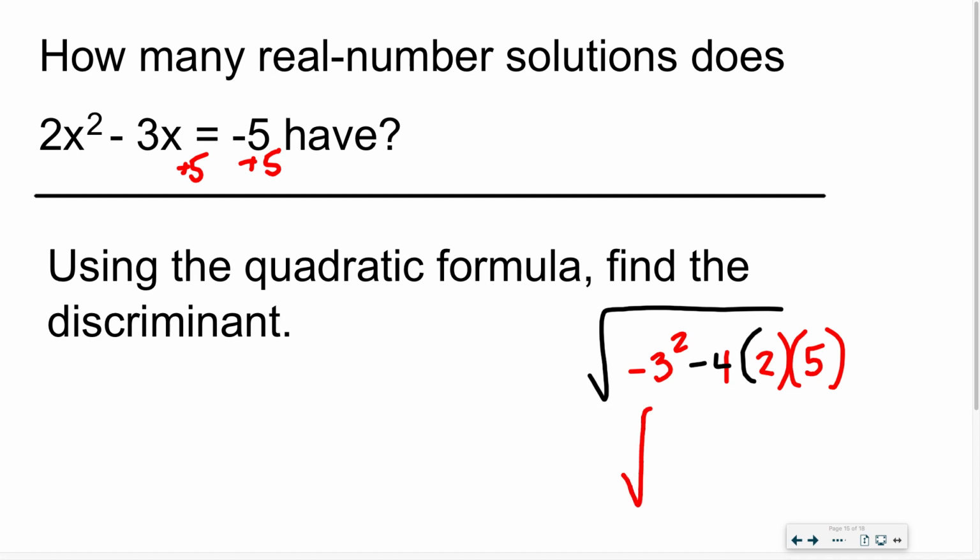This becomes 9 minus, so -4 times 2 is -8. -8 times 5 is -40. What's my discriminant here telling me? So what does that mean for my quadratic? It has no solutions. Because that number is a negative, this quadratic would have no solutions.